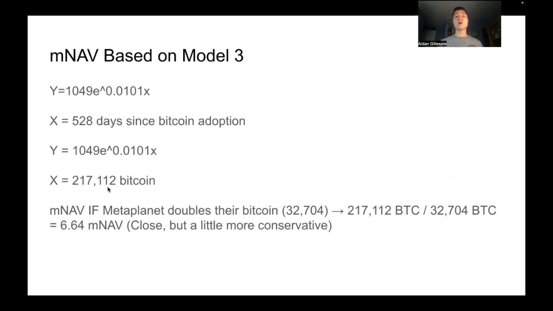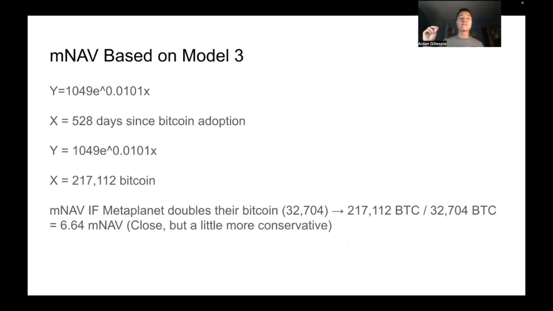Essentially, what I'm saying with this model is that I'm expecting MNAV to have another peak here. At that peak, MNAV is going to be trading around 6 to 7 MNAV.